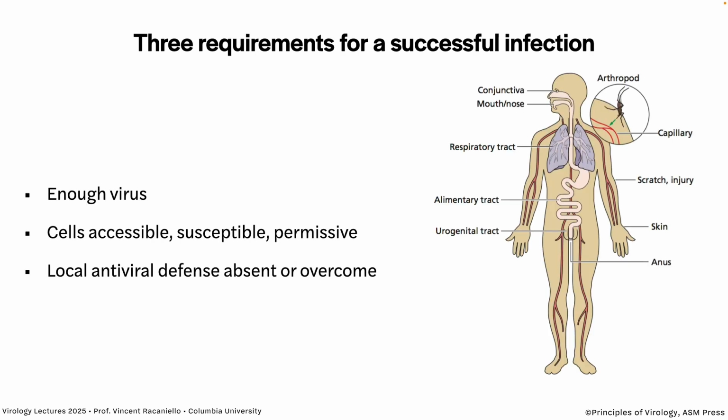Three requirements for a successful infection. You need enough virus. In most cases, 1 PFU is not enough. But for norovirus, 10 PFU is actually enough. We know that because we feed volunteers different amounts of norovirus. And we can do that because they get better. They don't die. We make sure they're hydrated.